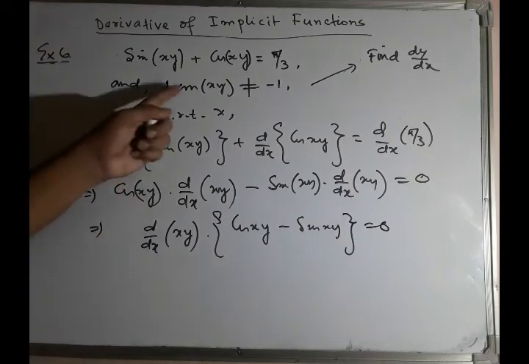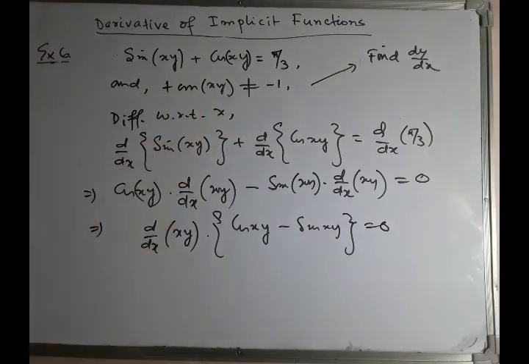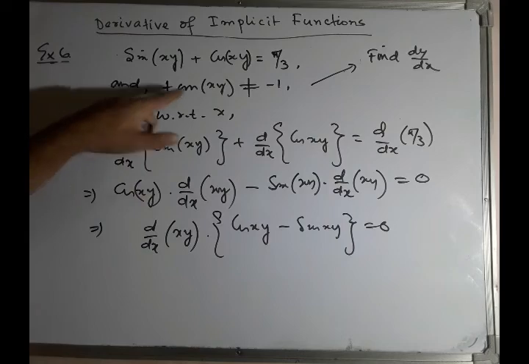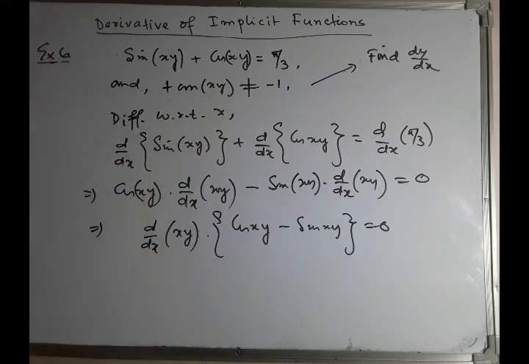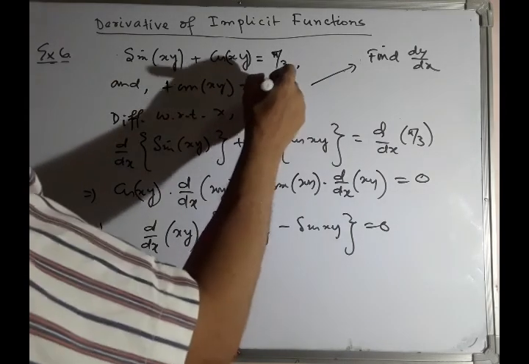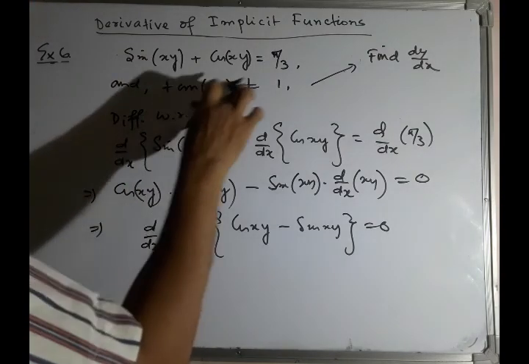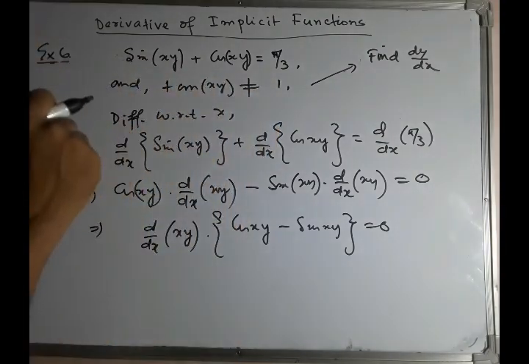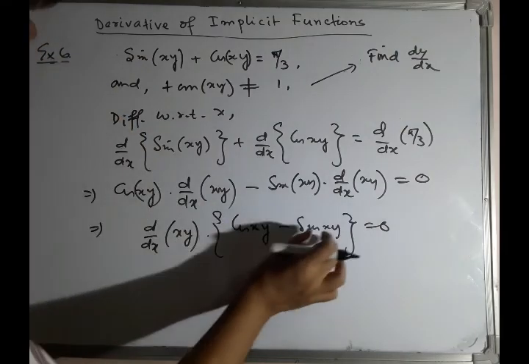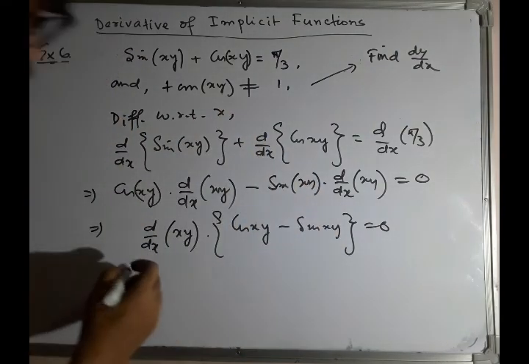It is given that tan xy not equal to minus 1. Now, tan xy not equal to plus 1. It is plus 1. So since tan xy not equal to plus 1, therefore sin xy not equal to cos xy. So that is sin xy minus cos xy not equal to 0.